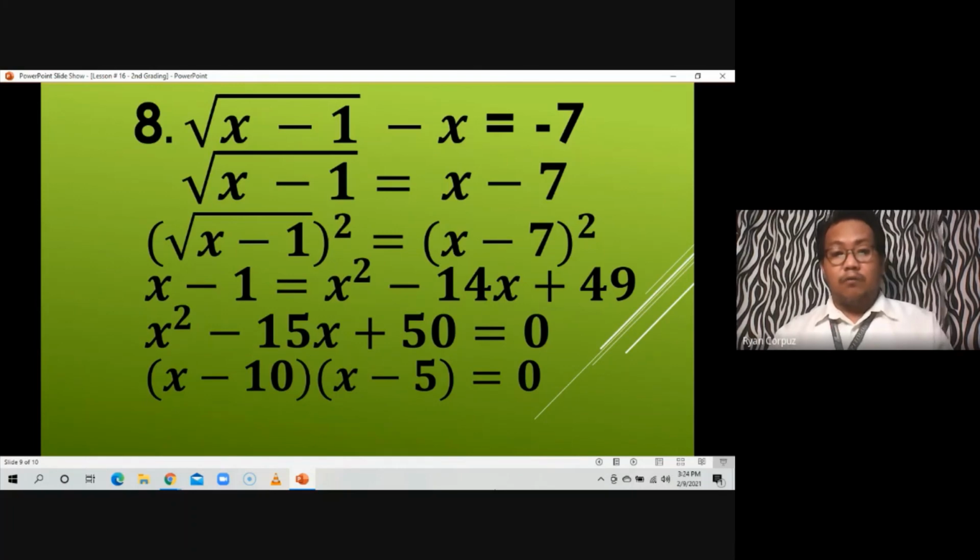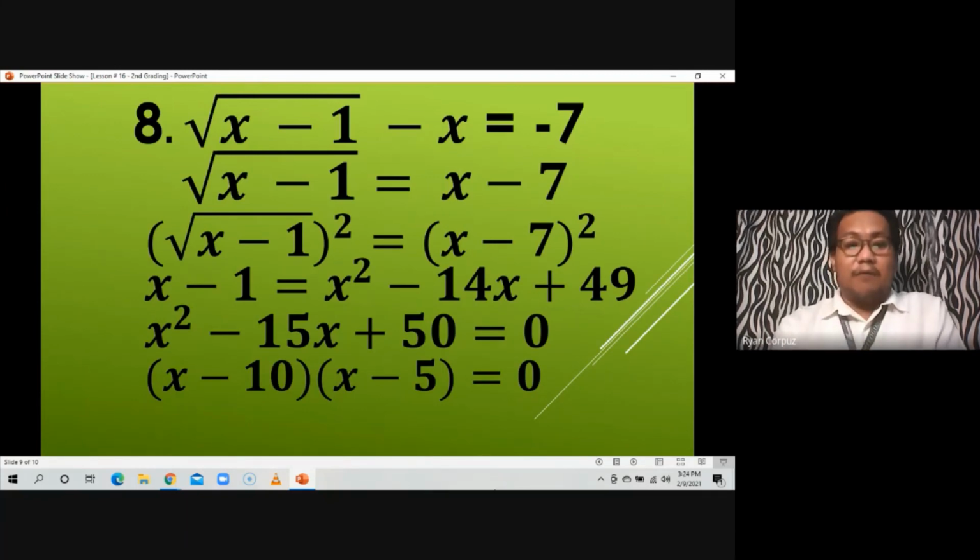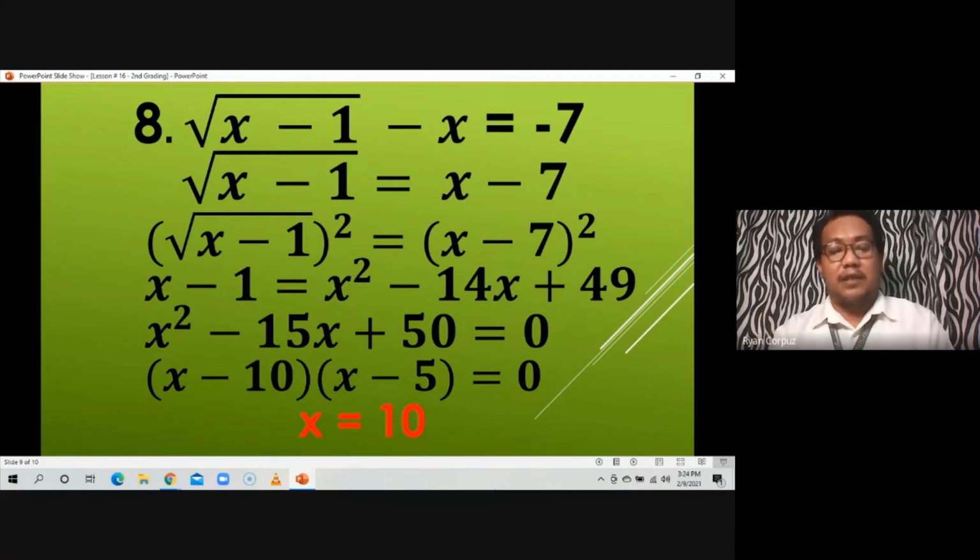So in the two values of x na nakuha natin, yung 10 lang yung nag-satisfy doon sa given radical equation natin. So that's why the value of x that we are looking for in problem number 8 is just x is equal to 10. So yung tawag natin doon sa value na x is equal to 5, that is what we call as extraneous root. So solution, value siya ng x, but that value does not satisfy the equation.